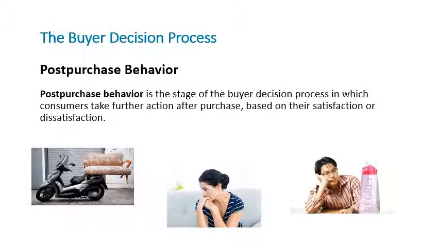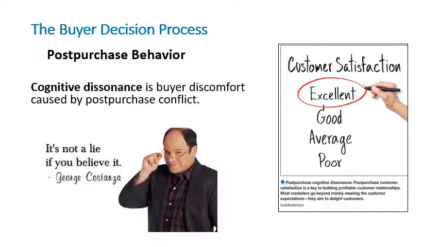One of the most powerful negative feelings is cognitive dissonance. Cognitive dissonance is the discomfort caused by the conflict between the options that you have chosen and the ones that you didn't choose.